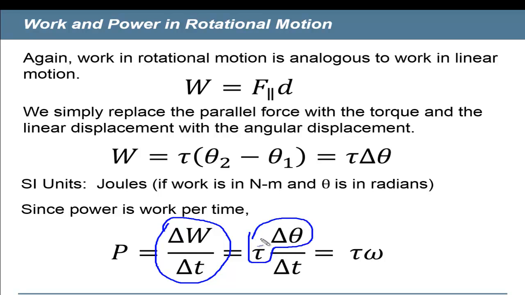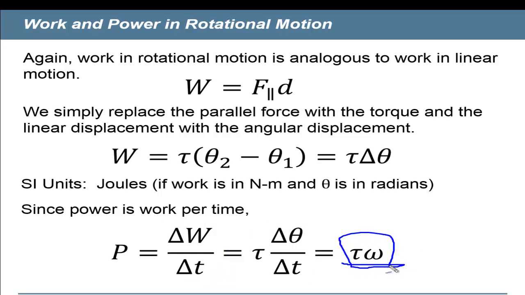A torque times a change in angle. Then we also know that change in angular position with time is what we defined as the angular velocity before, right? So delta theta over delta t is the same as omega.